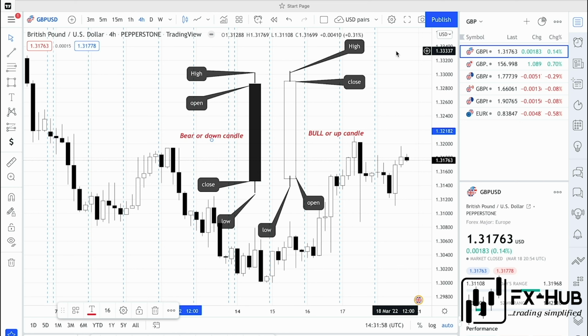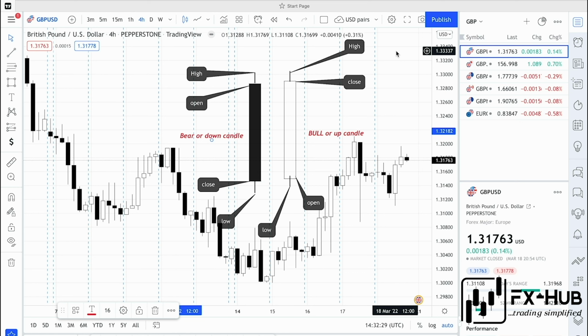I leave my candles as either white and black or green and red. White represents the bull candle, or green represents the bull candle, black represents the bear candle, or red represents the bear candle. But on this chart, I have it as white and black.